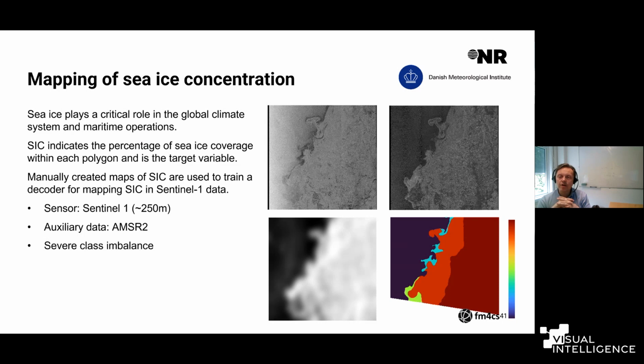The challenge is a severe class imbalance. They have 11 different classes, from open water to 100% sea ice concentration, in steps of 10%. The vast majority of the data is from open water and full 100% sea ice concentration.